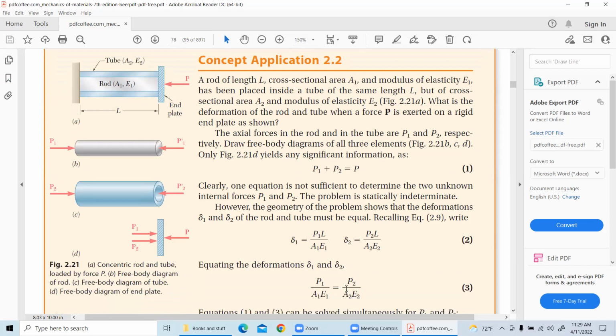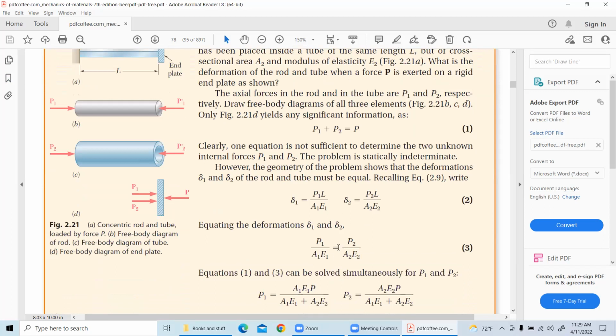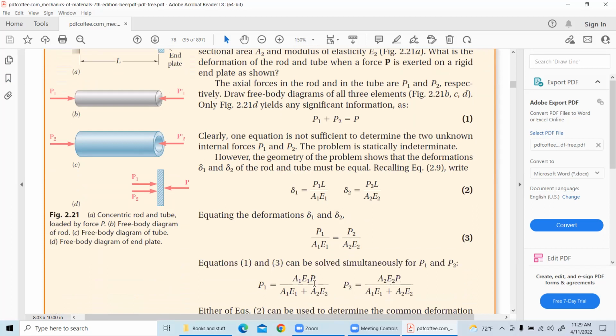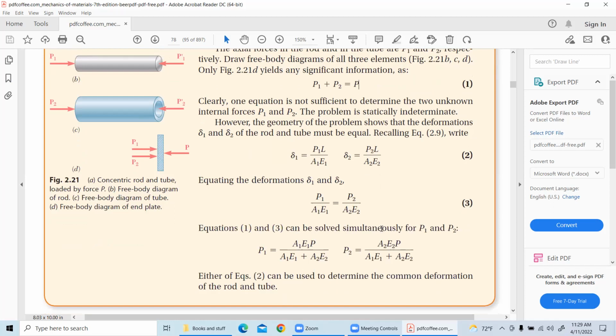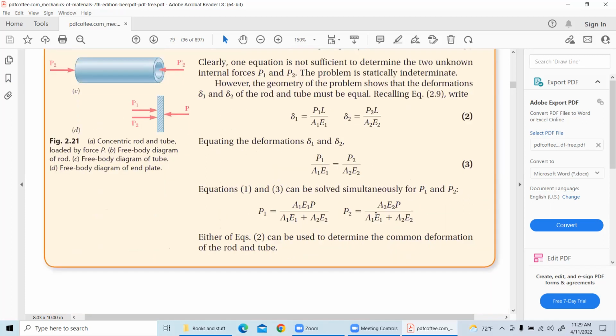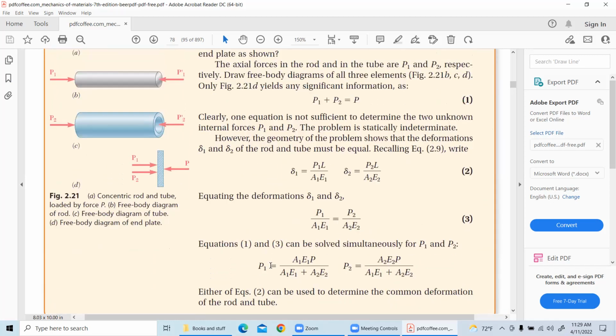So you will equate them and you will get P1 in the form of this, and again you can substitute here. Eventually you will get P1 and P2 in the form of beautiful expressions. Now that I have got my P1 and P2 in the form of P, this means I have calculated P1 and P2.